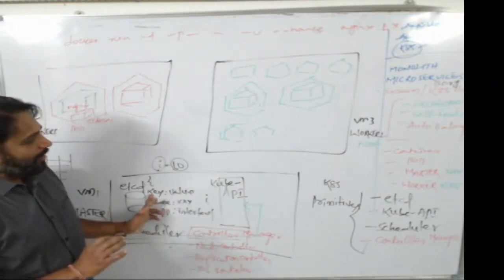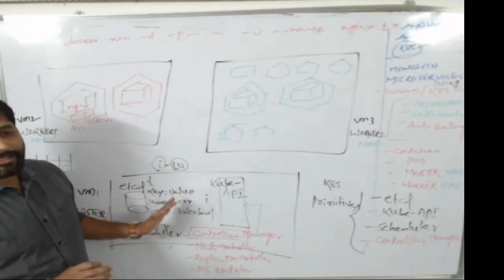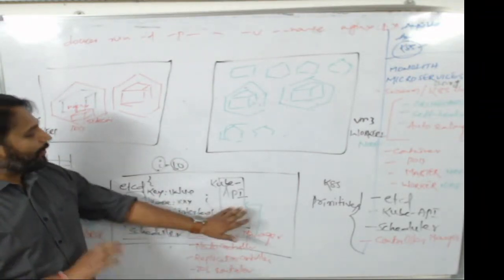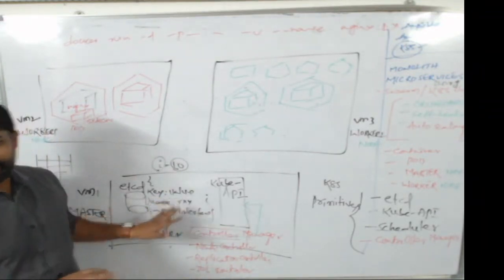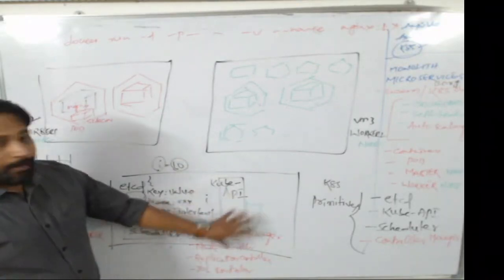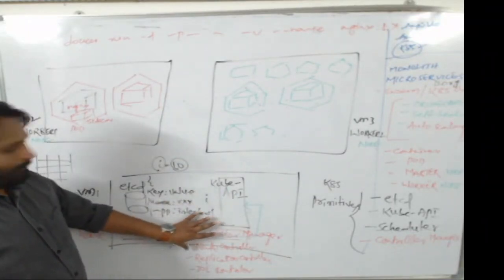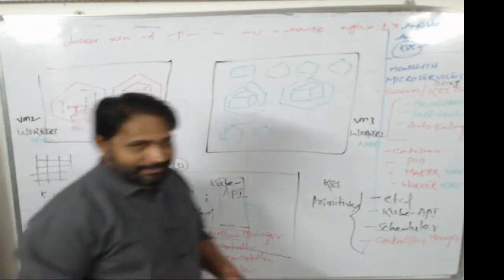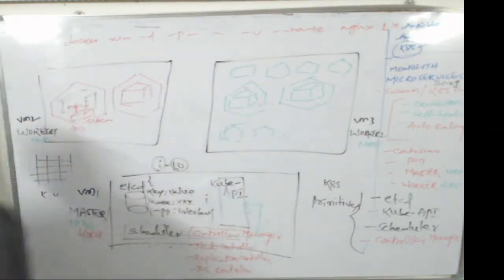There are no additional asterisks. That's the end of the sentence. It's the only component that can interact with etcd. So we have 4 components on master. What are those 4 components? etcd, API server, scheduler, and controller manager.